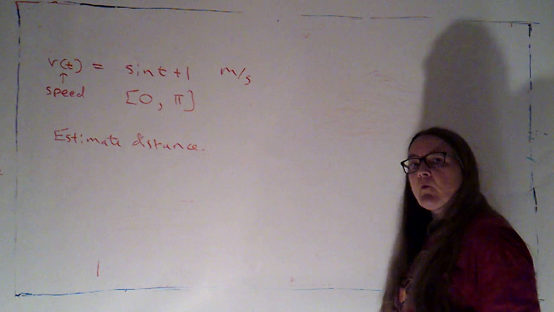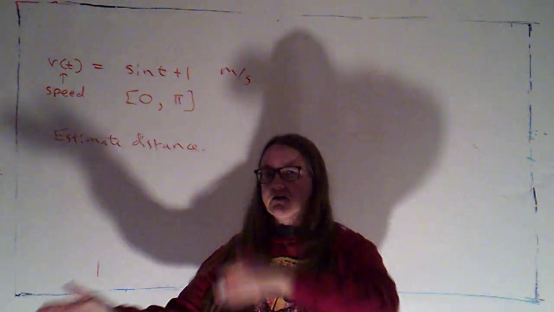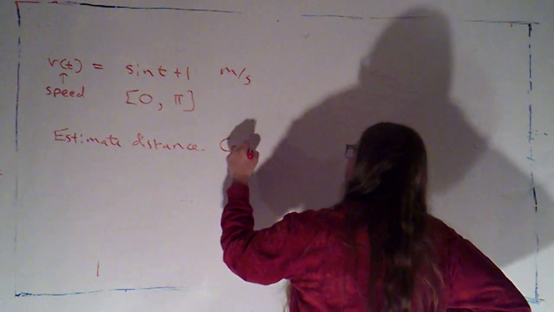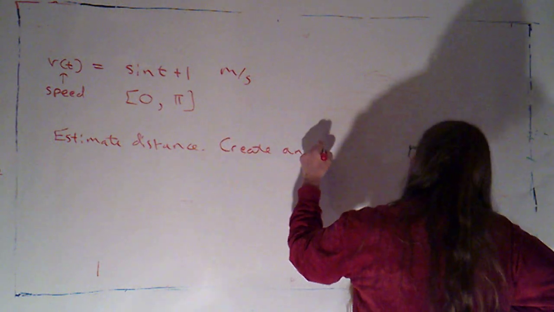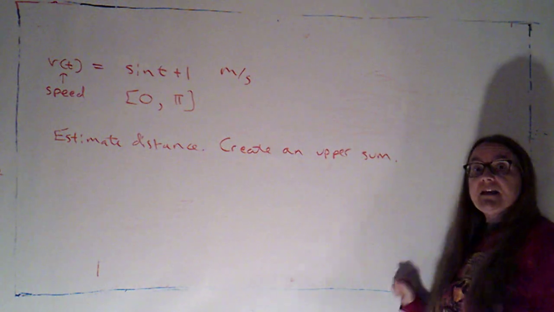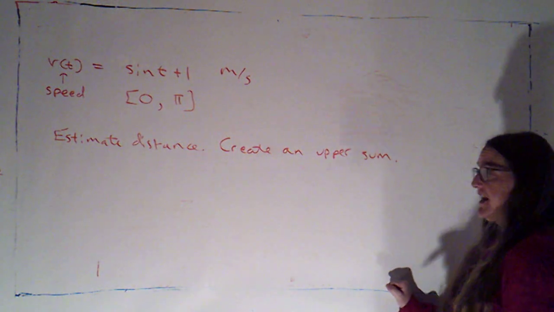And this time, rather than choosing left endpoints or right endpoints, I'm going to create an upper sum. I'm going to rig it so that I know I'm getting an overestimate.